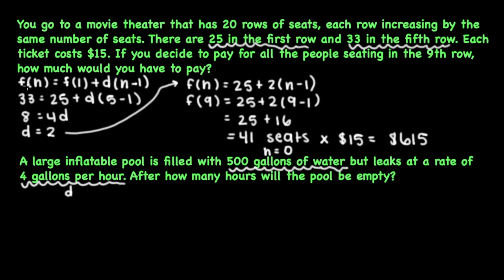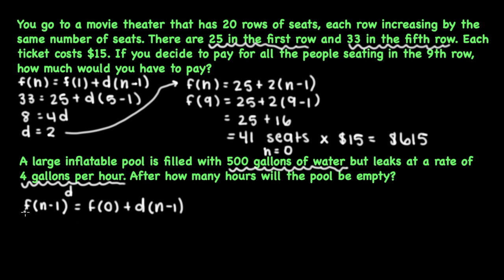However, our explicit formula only includes values starting with f of 1. So we can tweak this explicit formula by changing f of 1 to f of 0, which would change f of n to f of n minus 1. And this will be our new explicit formula.